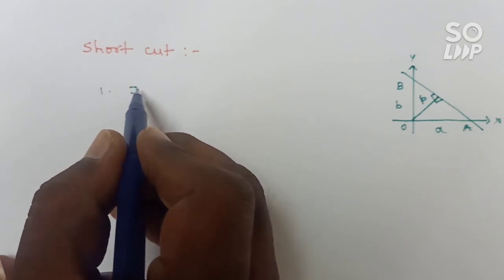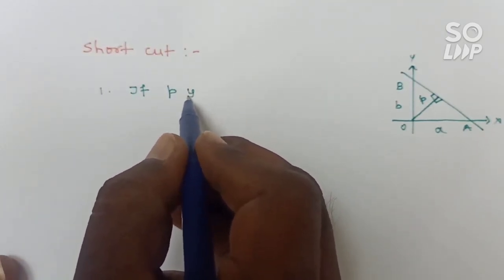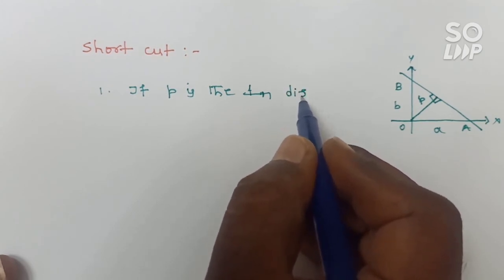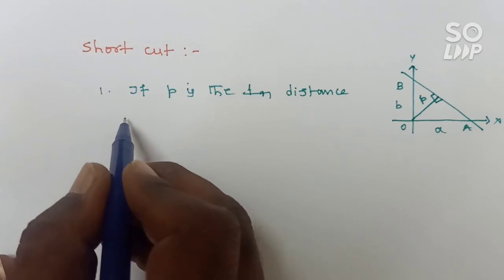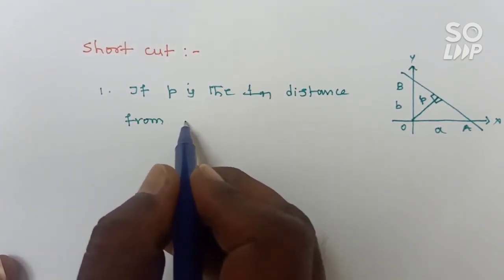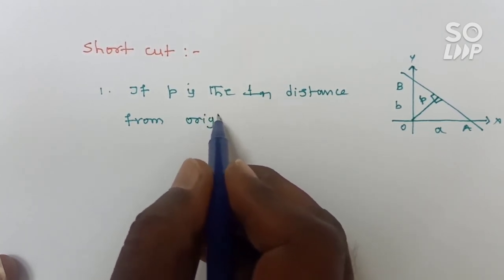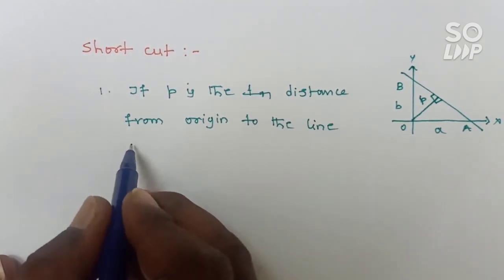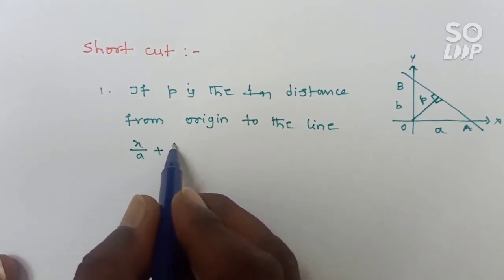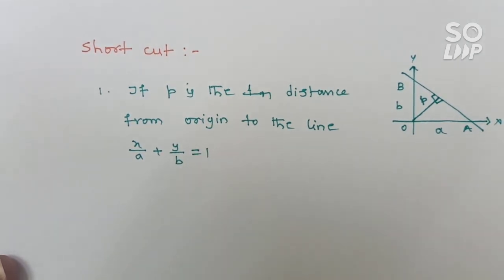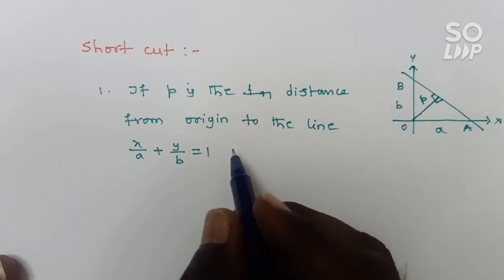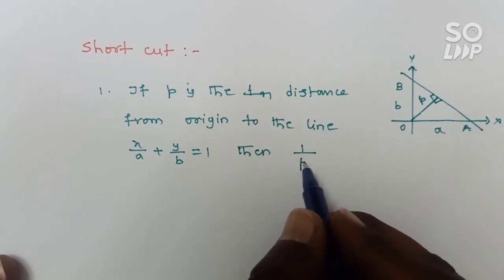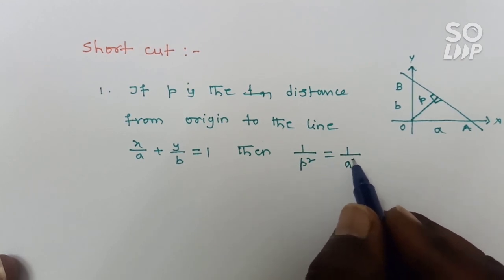See this one. If p is the perpendicular distance from the origin to the line x by a plus y by b equals 1, by using the above formula you can write 1 by p square equals 1 by a square plus 1 by b square.